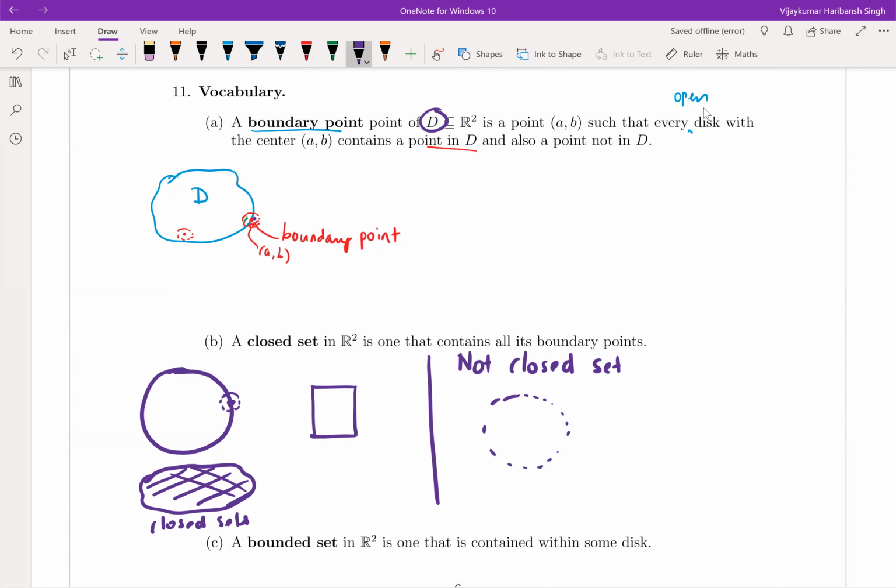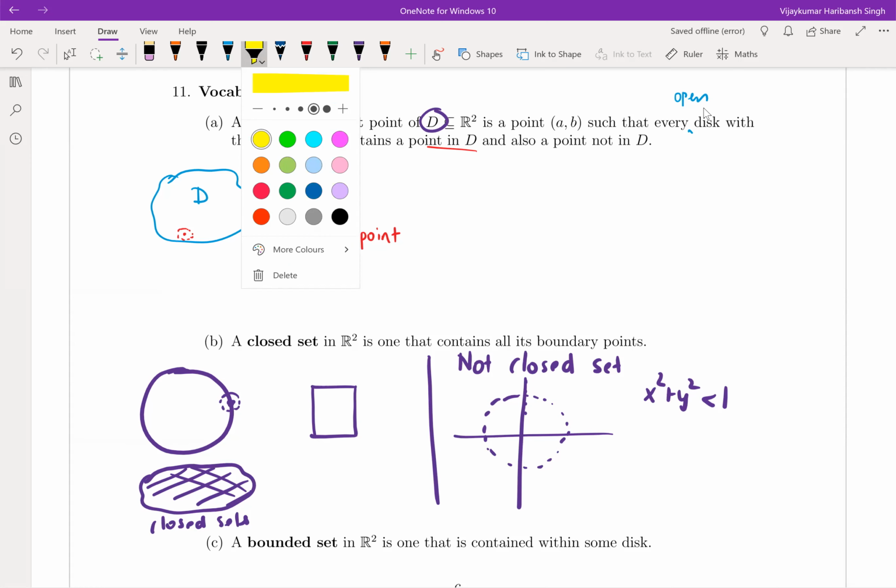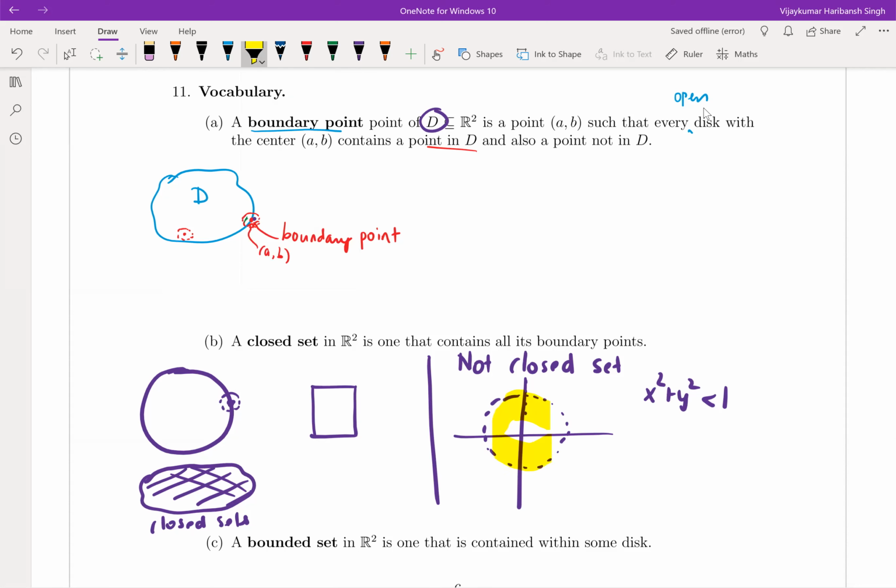Let me be precise: take x squared plus y squared strictly less than 1. It's essentially a disk of radius 1 with the edge removed. I can draw this as the circle here with the edge not there. This is not a closed set.